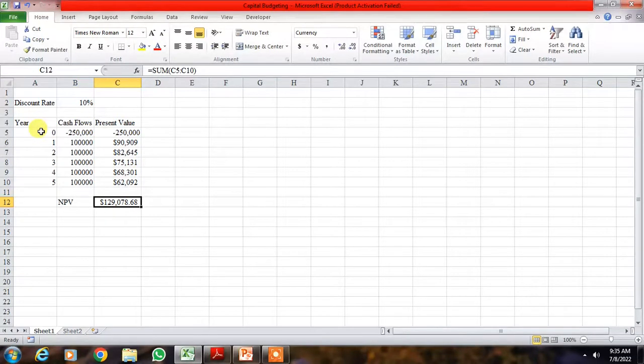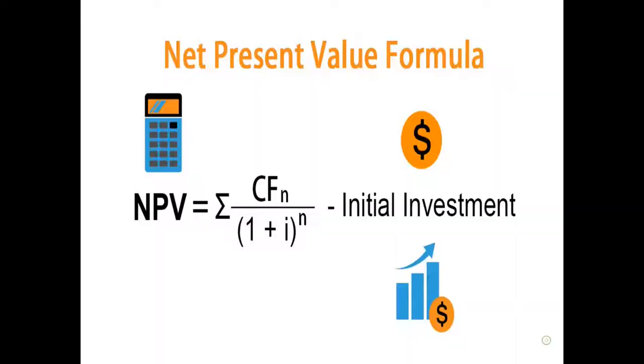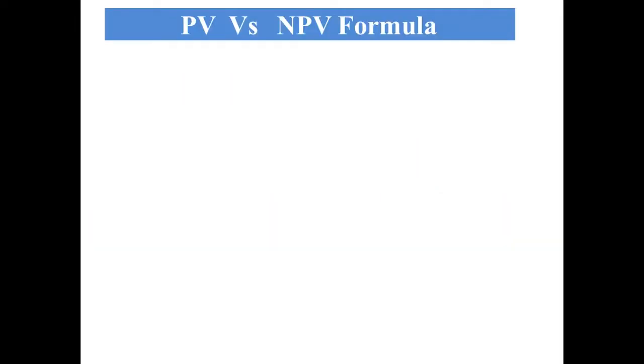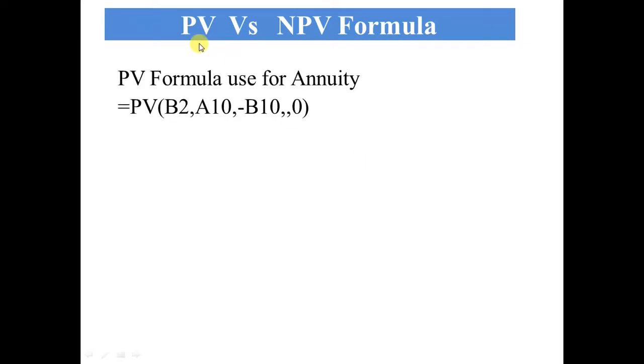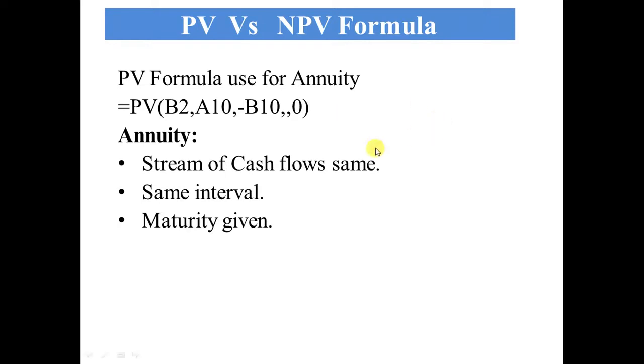Another method we use is the present value formula. You have to consider one thing: the Excel present value formula is used for an annuity. By annuity we mean there are 3 conditions: the stream of cash flow is the same, the time interval of the payment or receipt is the same, and the third one is that the maturity is given.